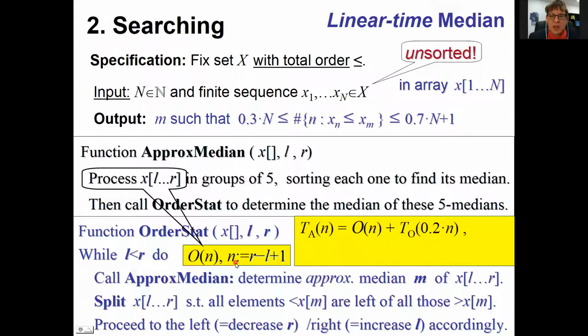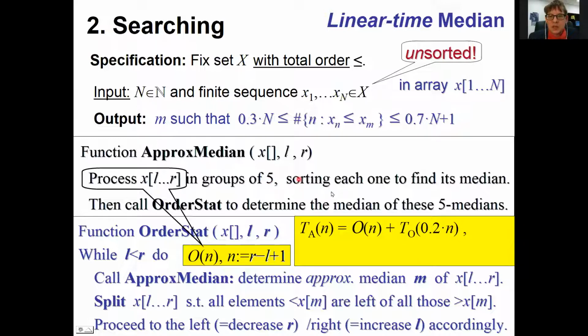To this end, let's analyze the first algorithm. The running time t incurred by the algorithm approximate median on input arrays of length n is, first, a linear part. Where's the linear part? The linear part comes from partitioning the input array into groups of 5.